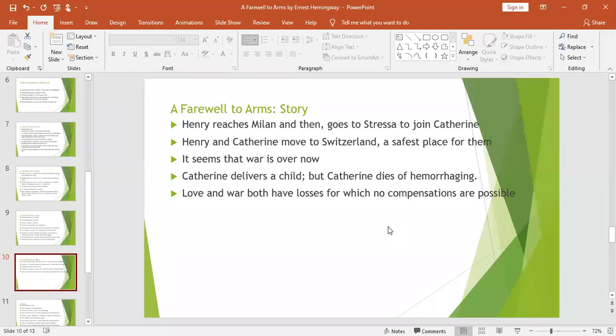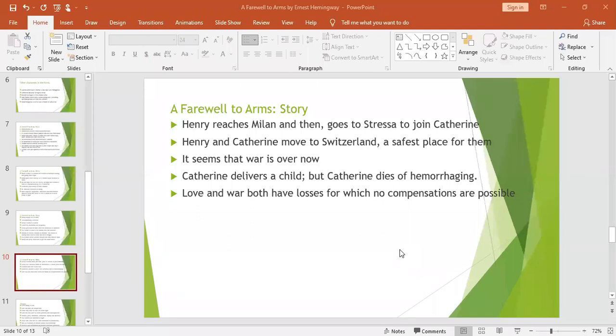Again, we come to know that Henry reaches Milan. So it means that after much struggle, Henry reaches Milan and then goes to Stresa to join Catherine. Basically, Catherine goes to Stresa, a city in Italy, from Milan, because Catherine serves at the American hospital at Milan as well, but she goes to Stresa, another city of Italy.